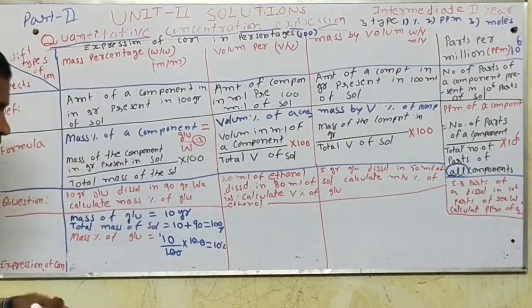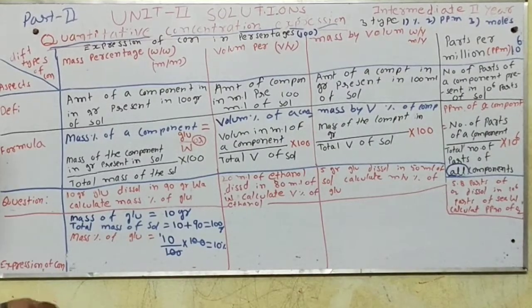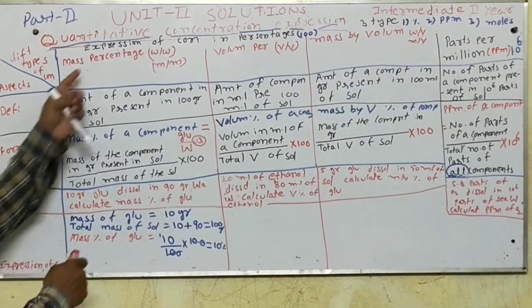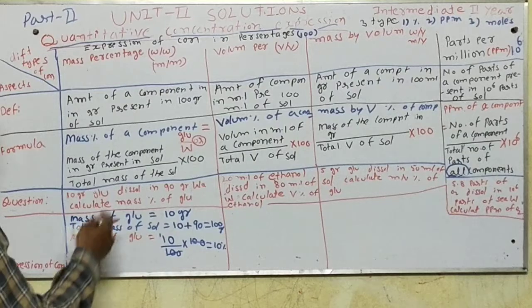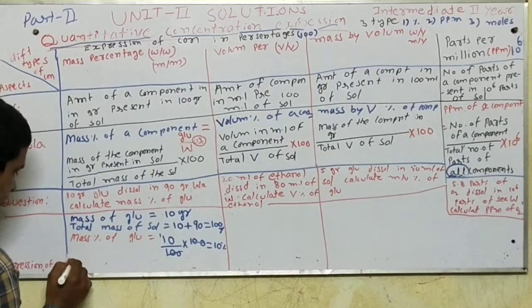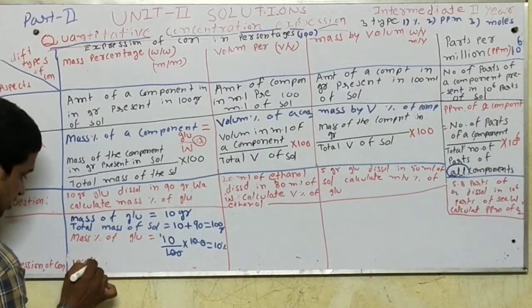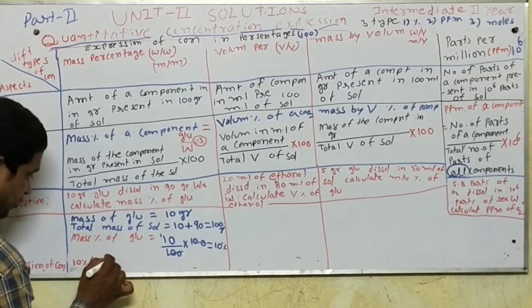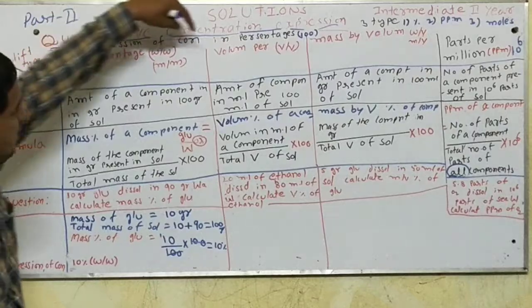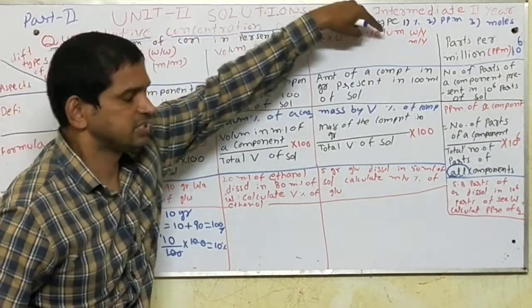How to express concentration in mass percentage? For this we have to write 10% W by W, because we have V by V and W by V also.